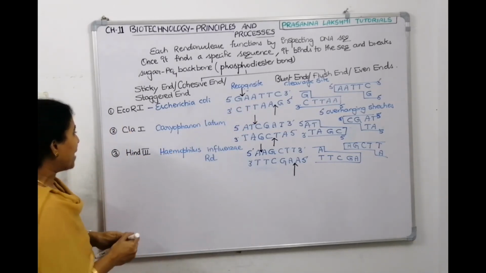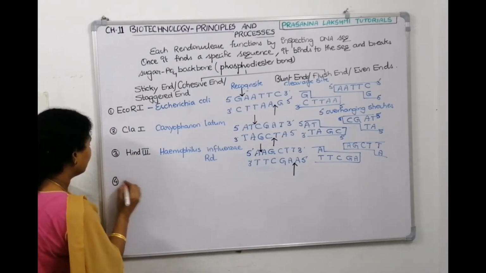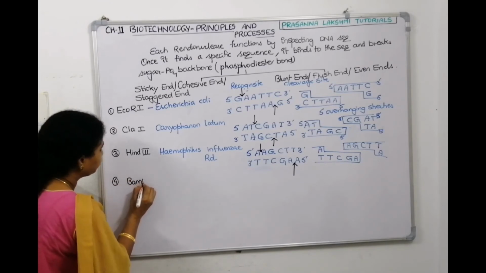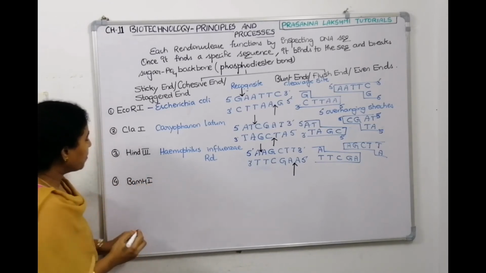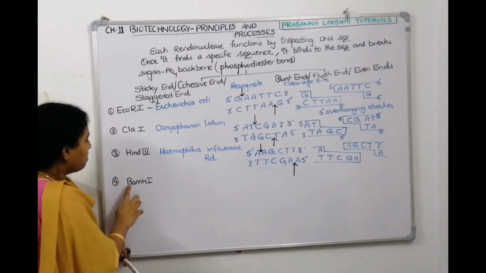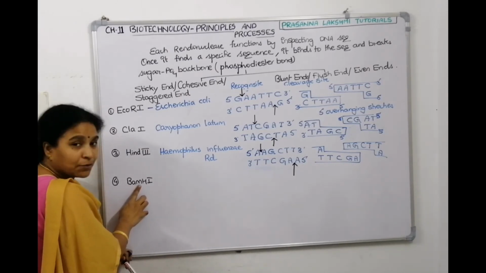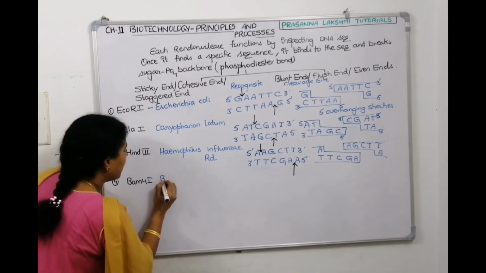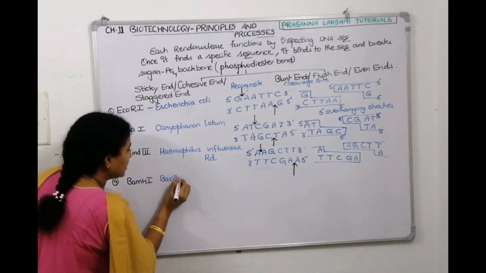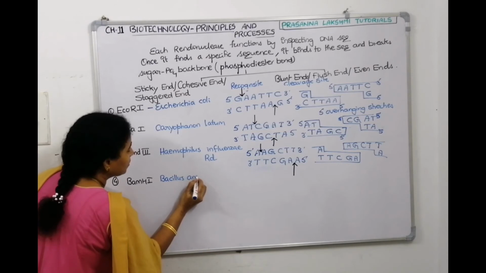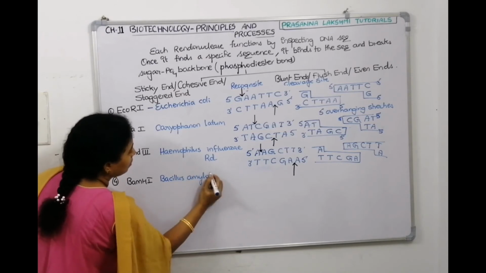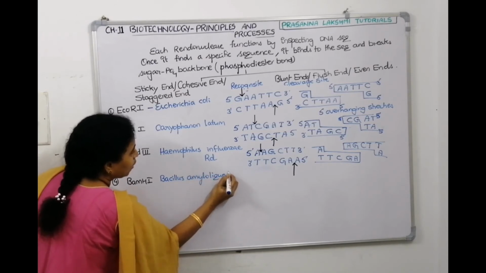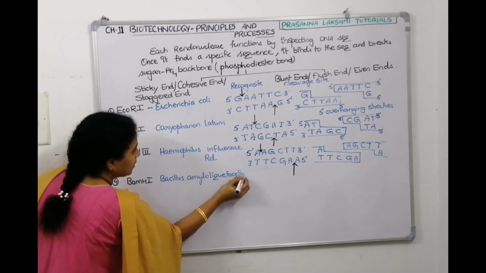The fourth enzyme is BamHI, which is isolated from a bacteria called Bacillus amyloliquefaciens H strain. Write down: B for Bacillus, am for amyloliquefaciens.